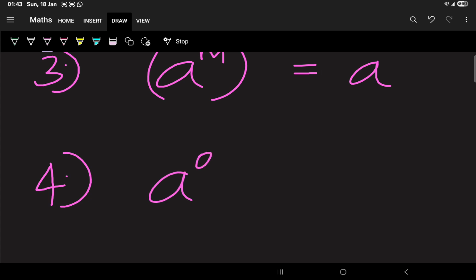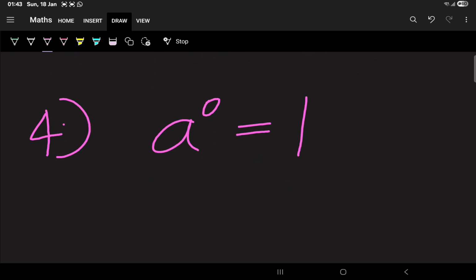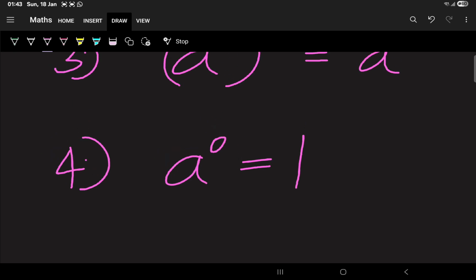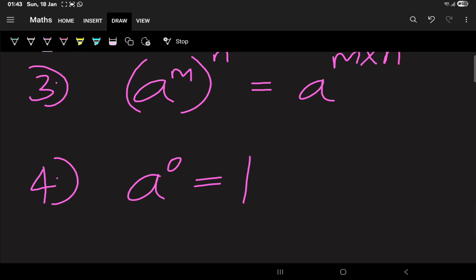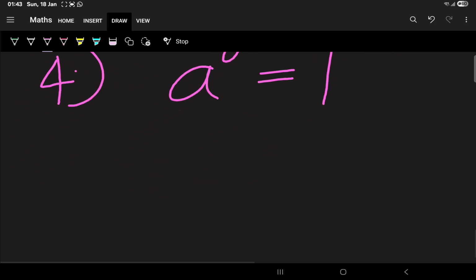A raised to the power of 0 is 1. So any base raised to the power of 0 is equivalent to 1. This is what it's simply saying. 2 raised to the power of 0 is 1. 4 raised to the power of 0 is 1. Remember, the base is a variable, so also is the index. Hence, we use these letters to express the concept.